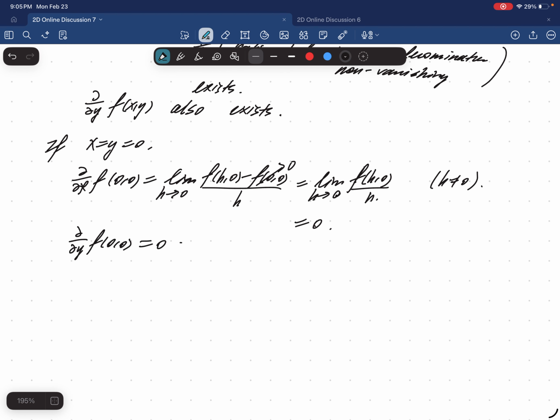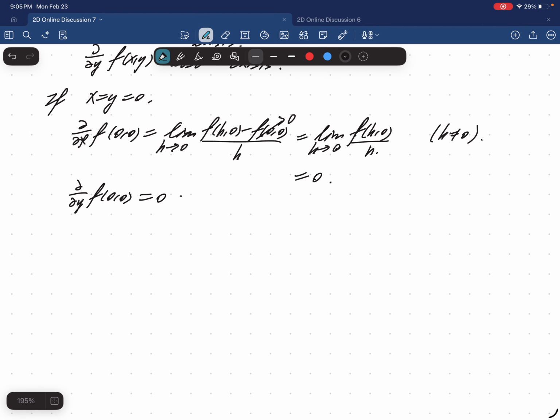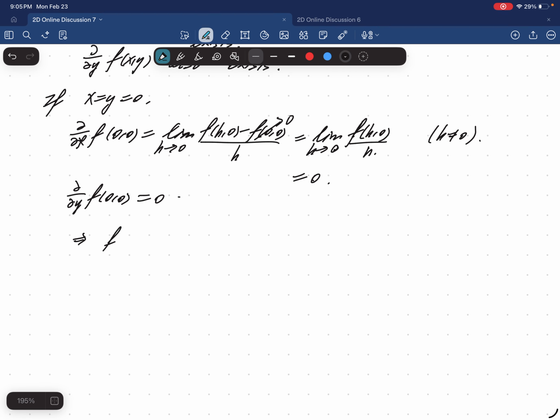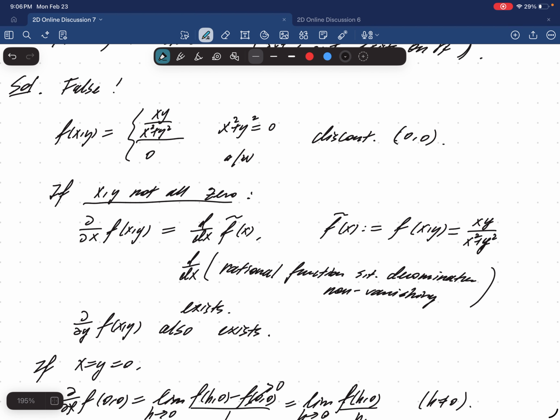This is also 0. And so f_x and f_y exist for all (x,y) in R2. And nonetheless, we know that f(x,y) is discontinuous at (0,0).